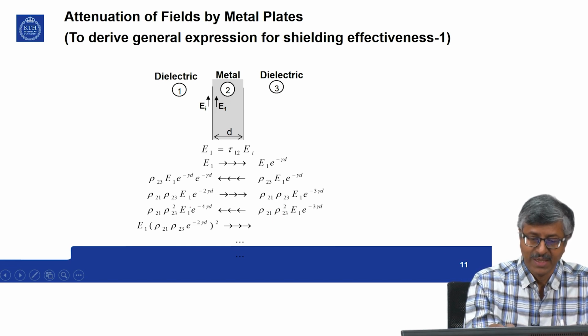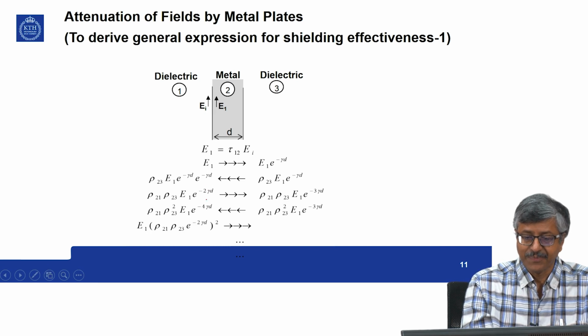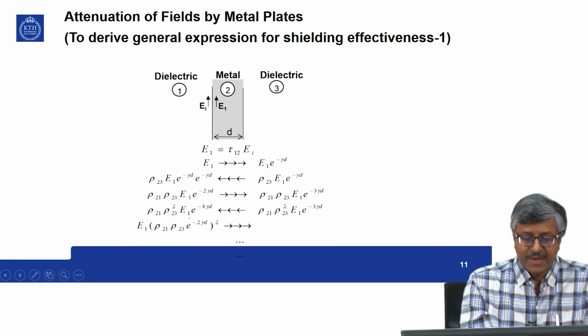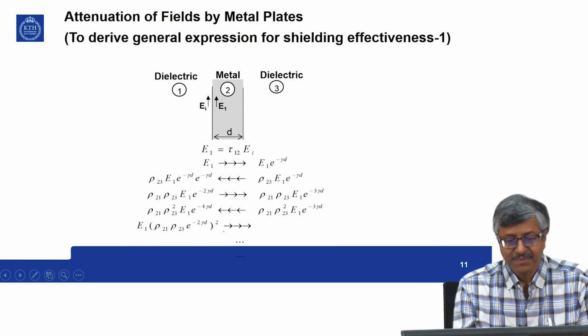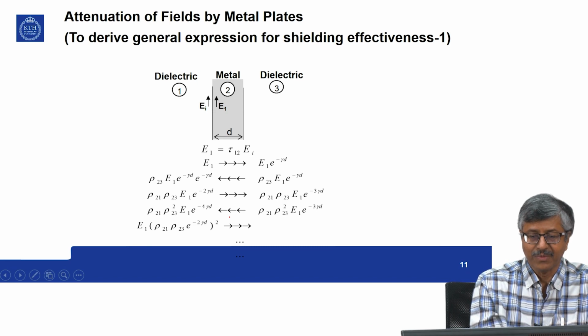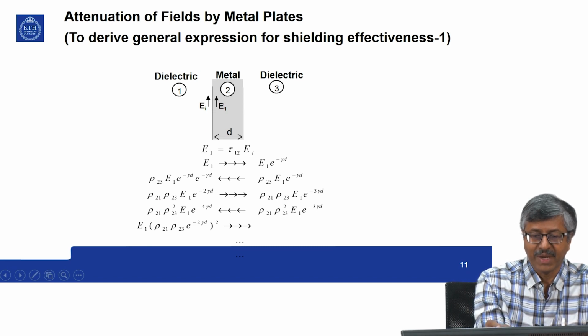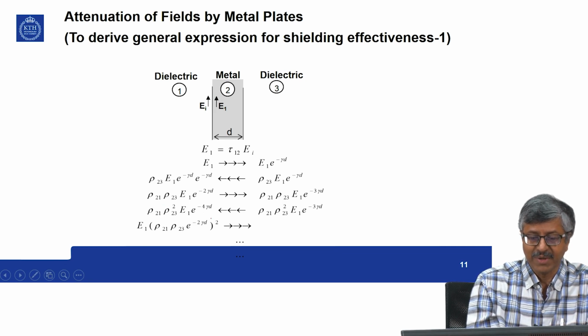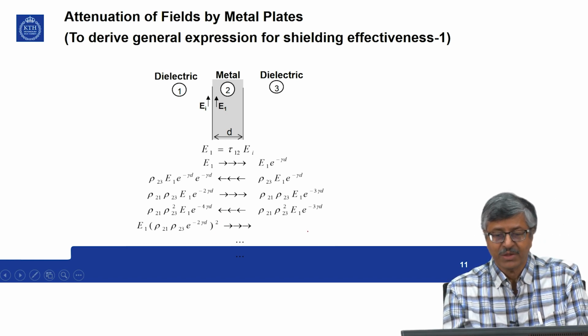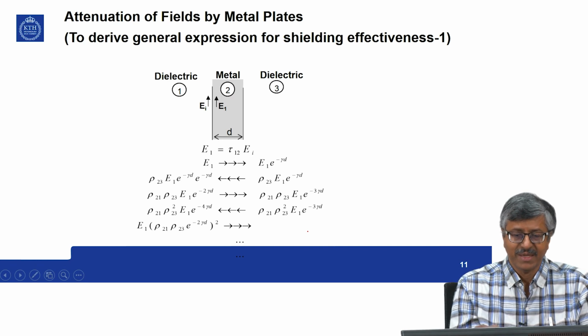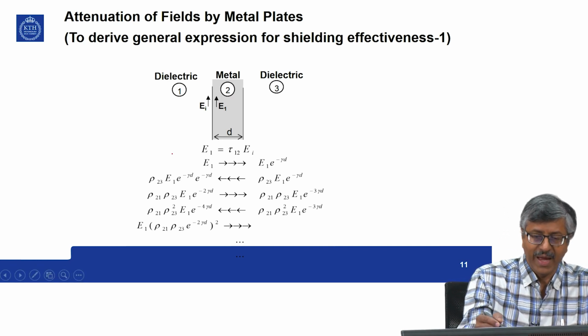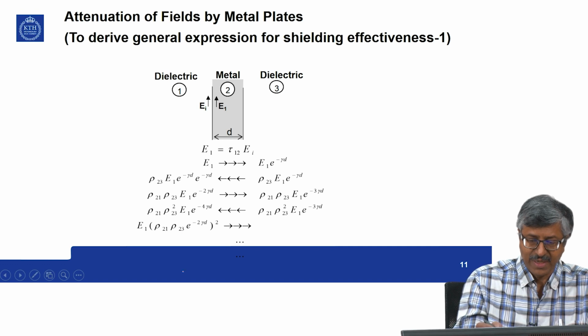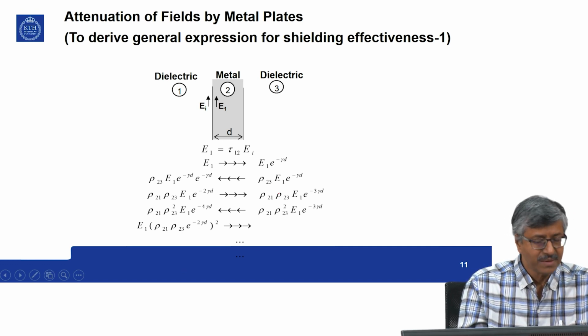So, you get a square. By the time it reaches here, you add e to the power minus gamma d, and by the time it is getting reflected, you multiply again by rho 21, rho 21 squared here. So, the whole thing can be given in brackets and squared. Likewise you can follow it up like that. Then you add up all these things.